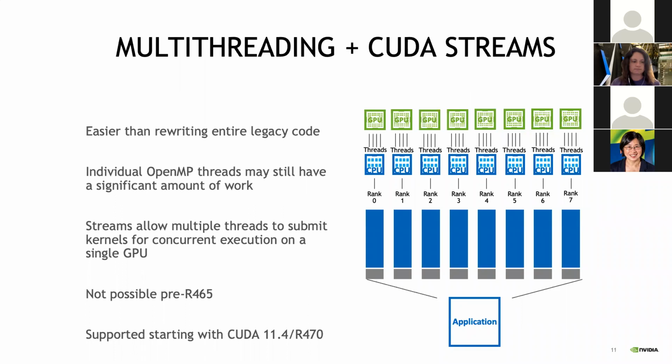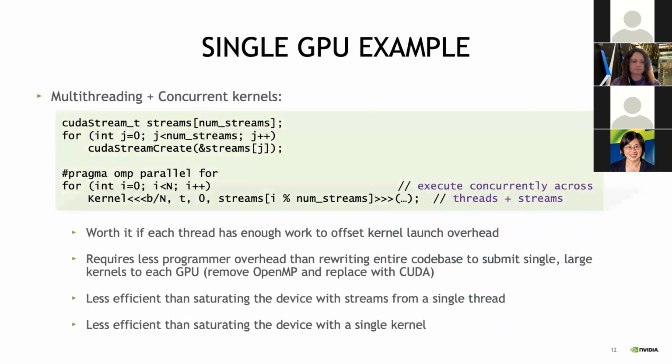And just an example of what this would look like, if my slide will switch. Basically, we can create a number of streams, like our previous example. Then instead of just submitting kernels from a CPU host thread to the different streams, we can have an OpenMP parallel loop submit kernels across all of these streams that we have now created.